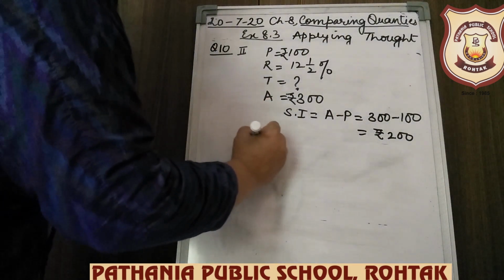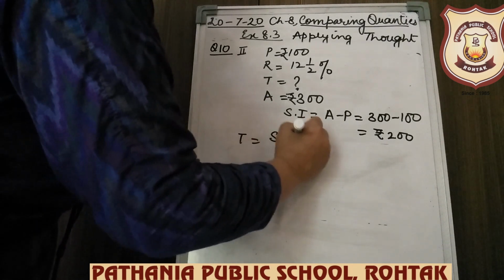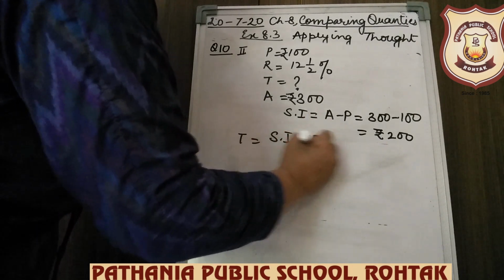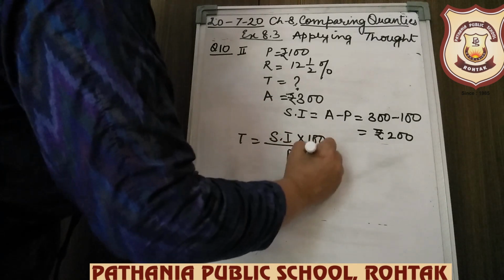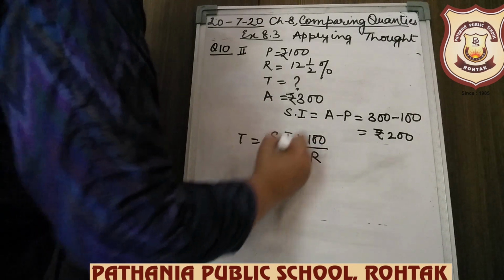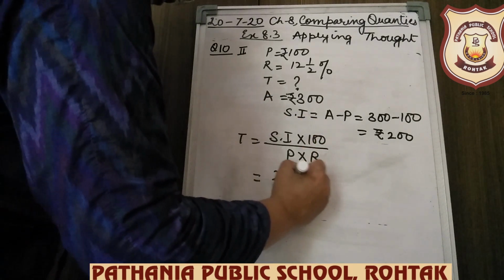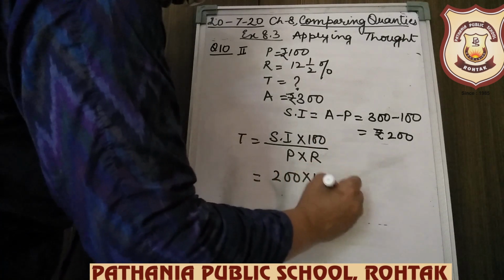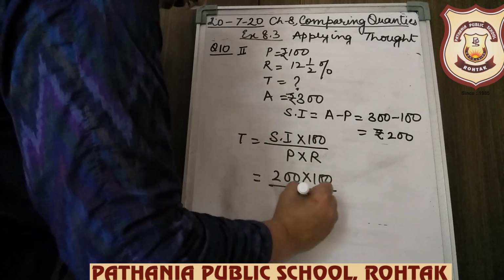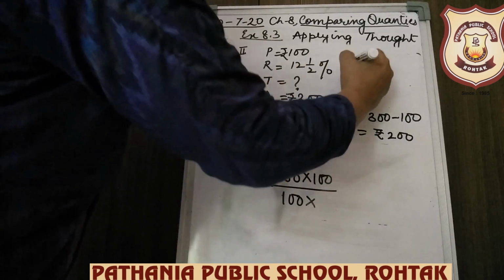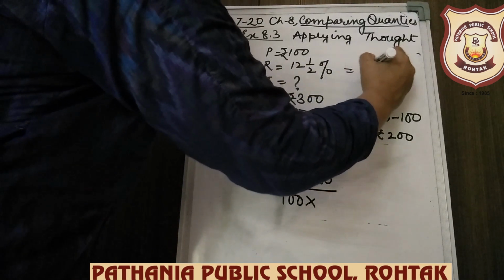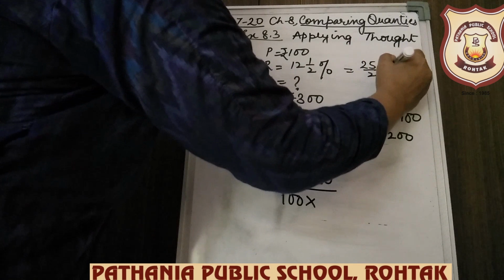Now your time is going to be simple interest multiplied by 100 upon P multiplied by R. So your simple interest is 200 multiplied by 100, principal is 100 and rate is 25/2%.